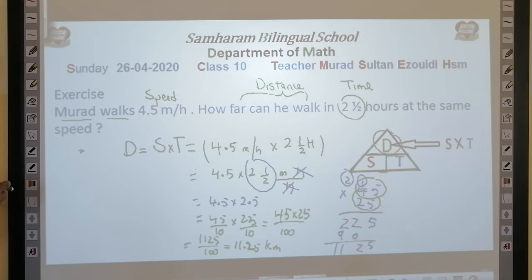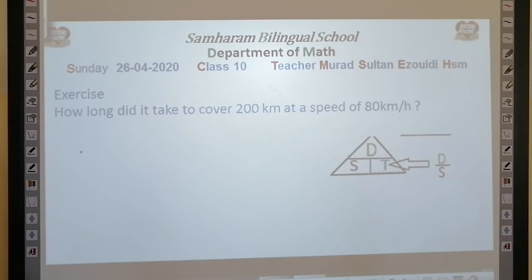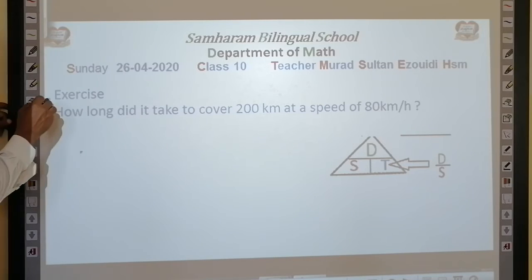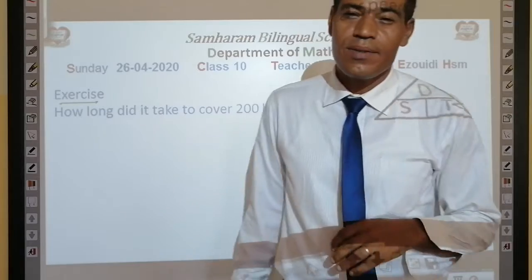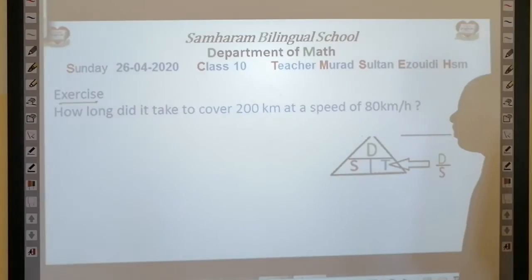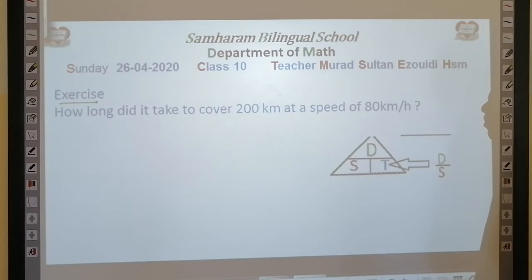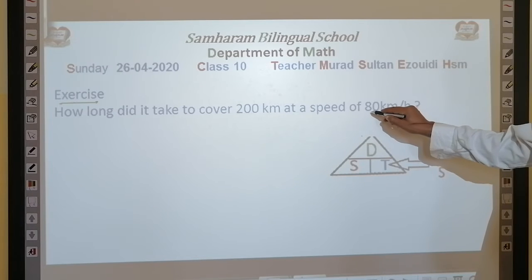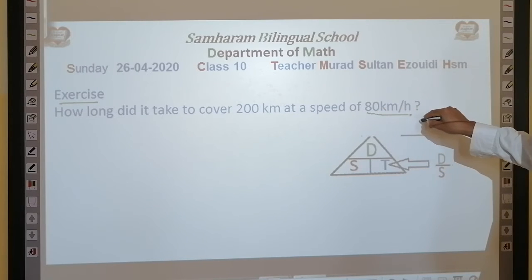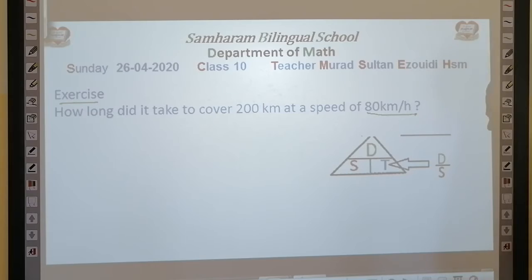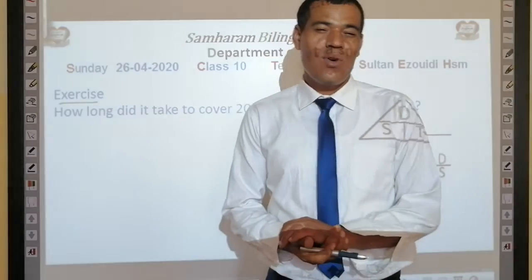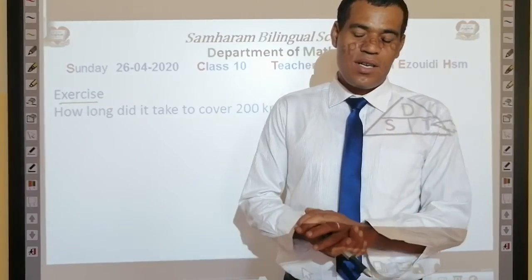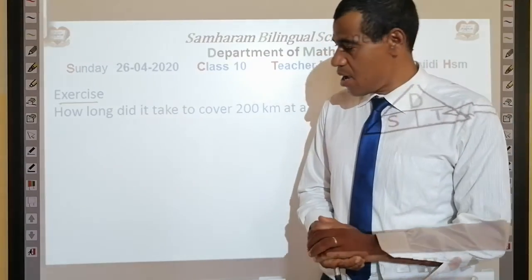Okay, so exercise. How can we read the exercise, my learners? How long did it take to cover 200 kilometers at a speed of 80 kilometers per hour? Okay, here we want to work out the time.